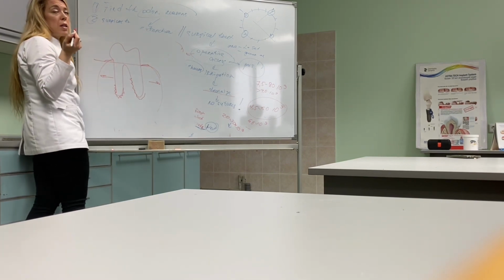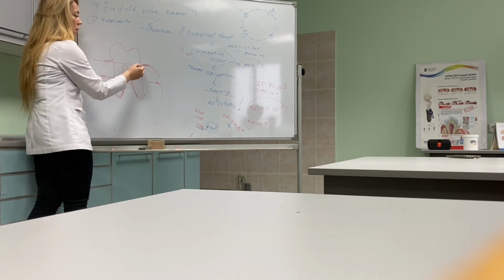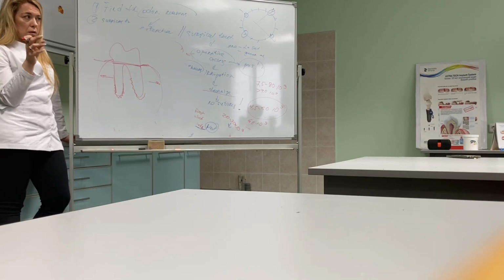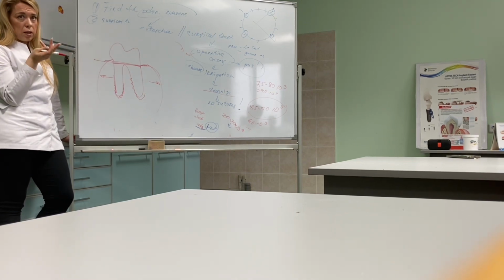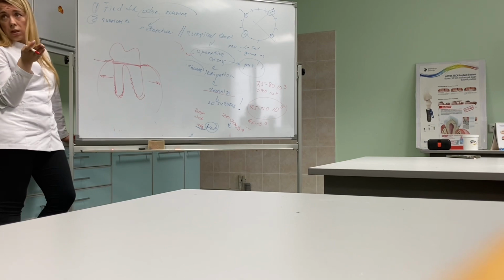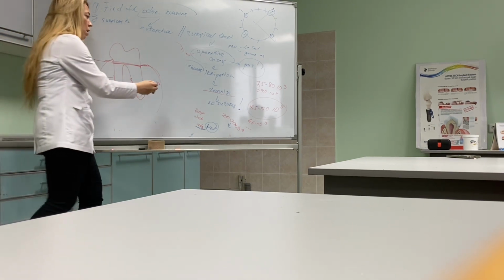Why is there mobility inside and outside? When the round ligament is destroyed, mobility starts immediately. Then it's only the time. The time depends on the condition of the patient, on the plaque. It's maybe 1, 2, 3, 4 days, and we have mobility of the second and third stage.